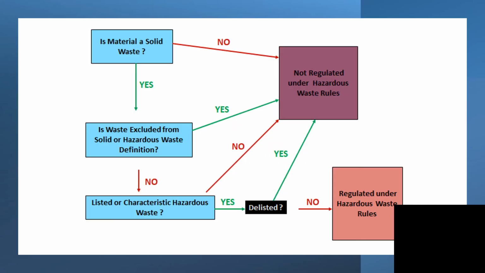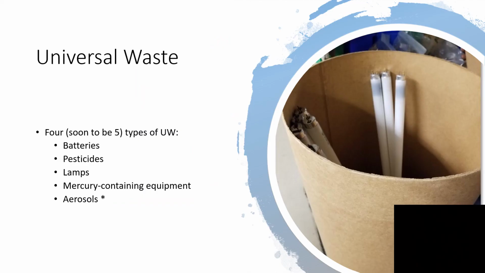Lastly, what wastes are we forgetting? Well, that is universal wastes. There are 4, soon to be 5 types of universal waste that no matter the facility, no matter the generator status, which we will learn about next week, they are universal waste and have specific ways to be stored and transported.